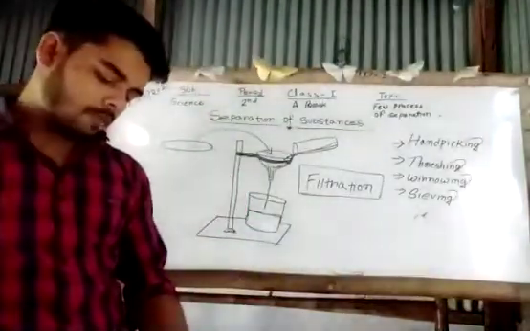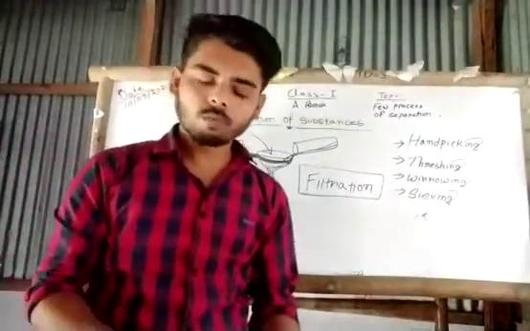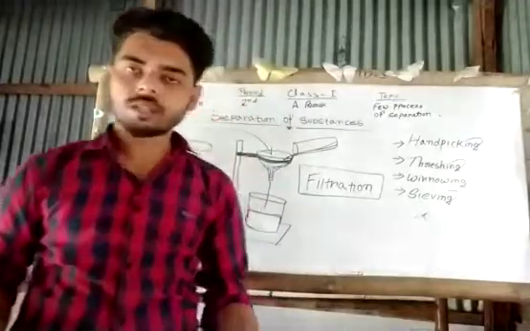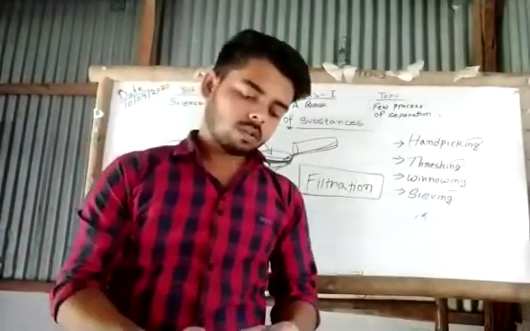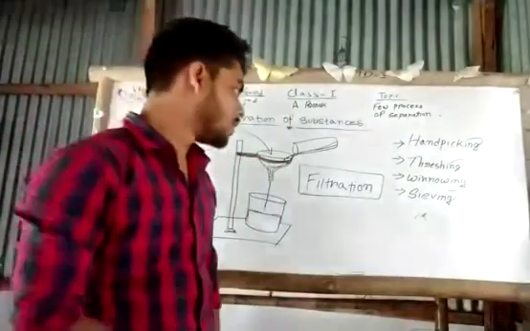We have a few more separation processes in your book. We will discuss them in our next class, and after that I will give you some exercise questions as well as extra questions from the textbook. Okay, so I hope you understood today's class.